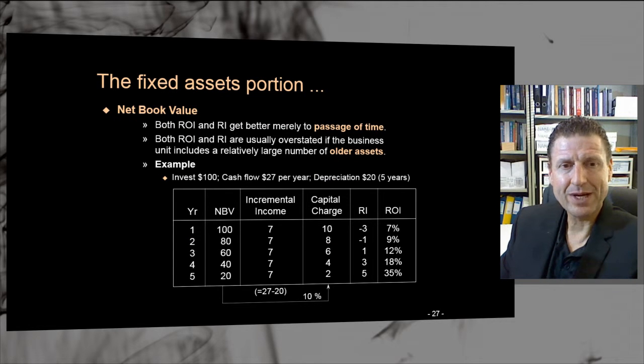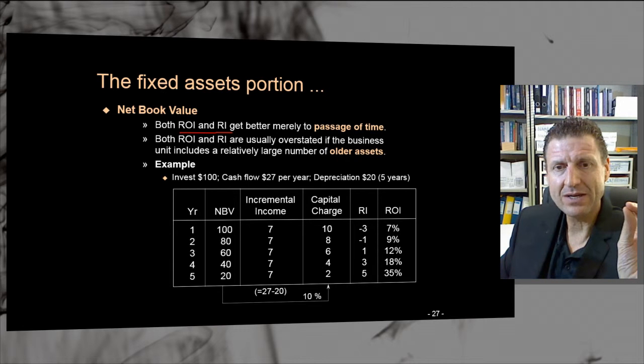So we can think about other issues, for example, the fixed asset portion. Both residual income and return on investment get better merely through the passage of time. Why?